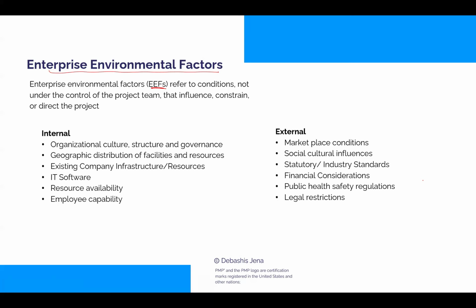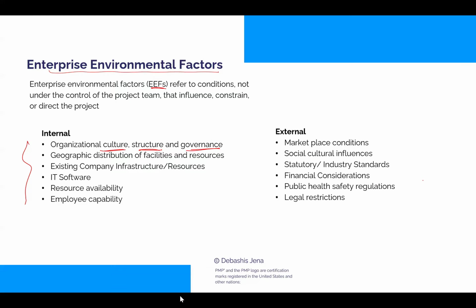Now, which factors do we call environmental factors? Noted down here, take a look. These factors we call environmental factors, like the culture of the company, I mean the corporate culture. Structure, meaning what we just studied: functional, matrix, projectized. What governance framework do we follow as a company? Corporate level governance, quality, security, all sorts of governance, risk.